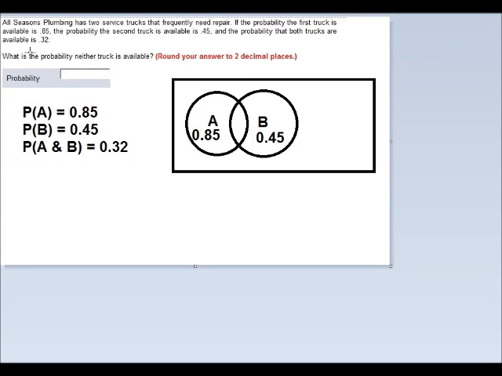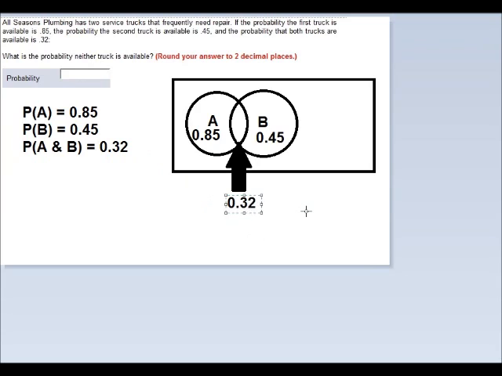Now, how much of that percentage? Well, they tell us right here that the amount of overlap that we have is this 0.32.